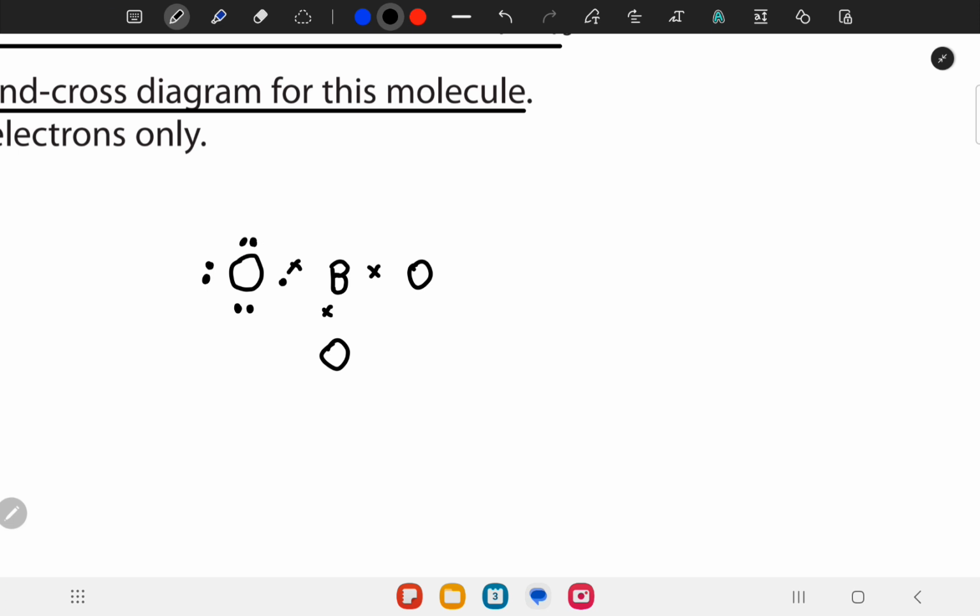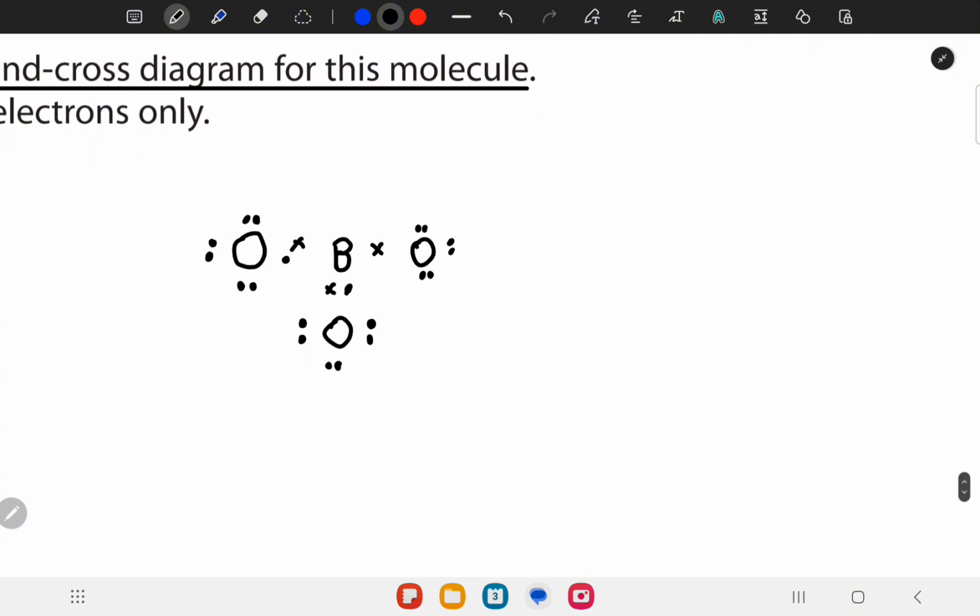Same here. Now one of these for OH is for the hydrogen. This is hydrogen's electron. These are oxygen's electrons, and this is boron's electron.